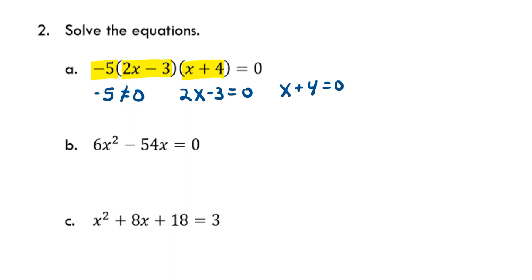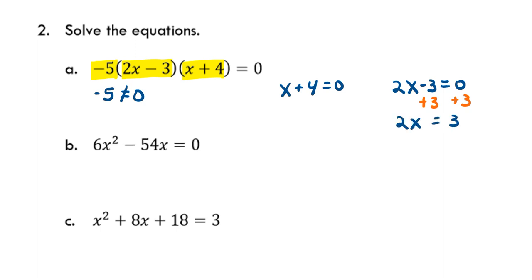I'm going to move this one over so I can give myself a little bit more space. When we have something like 2x minus 3 equals 0, it's going to involve 2 steps instead of 1 step. We're going to add 3 to both sides of the equation, and then divide both sides by 2.